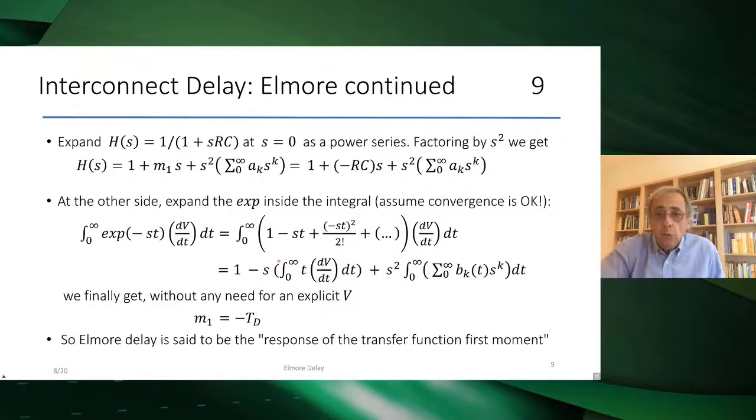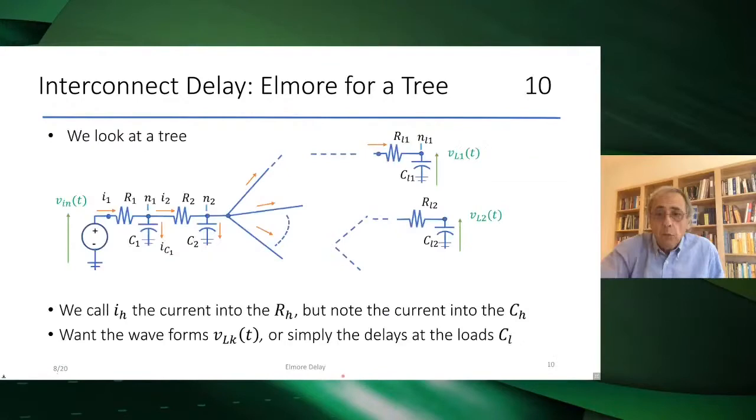If you compare these two, you see that T_D, except for sign, is equal to this first moment. That's why the Elmore delay in many papers is referred to as the first moment of the transfer function's response. As the literature uses this, I wanted to mention how you get it.